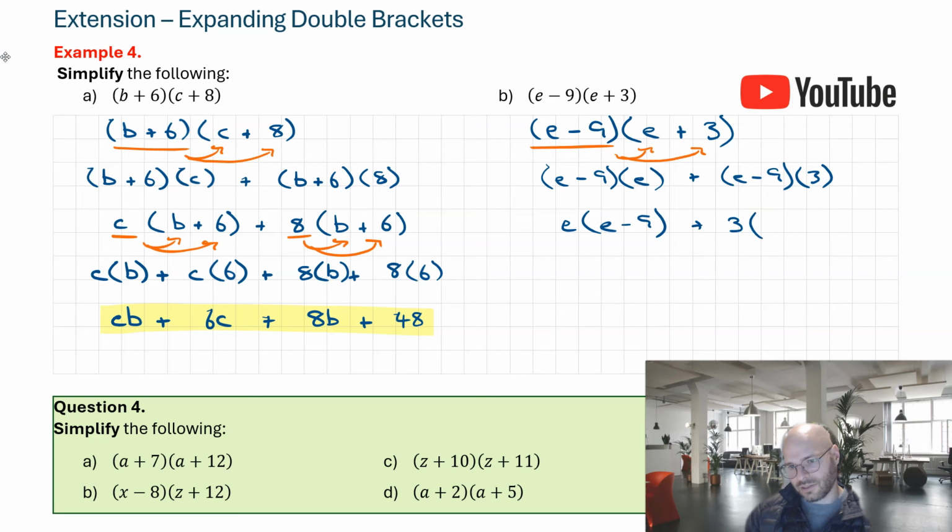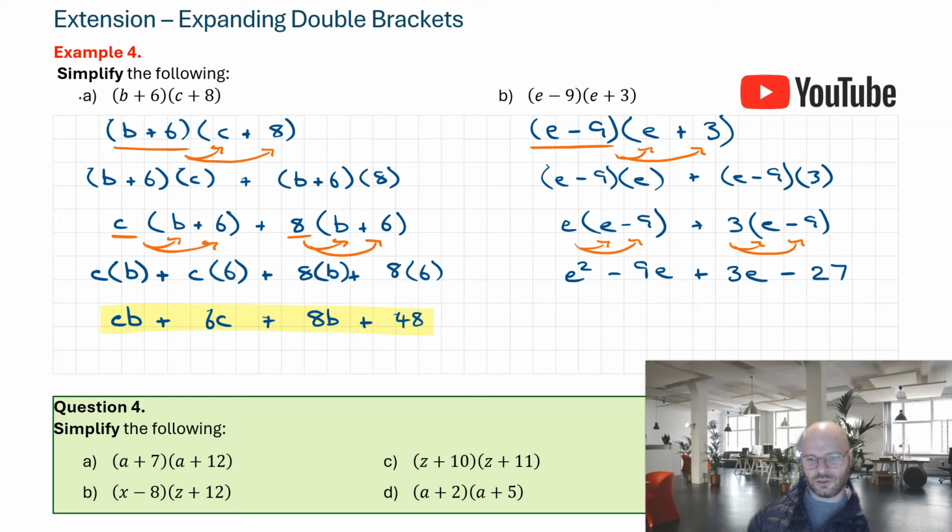I drop the brackets as well. I multiply. This is going to give me E squared minus 9E plus 3E minus 3 9s, which are 27.